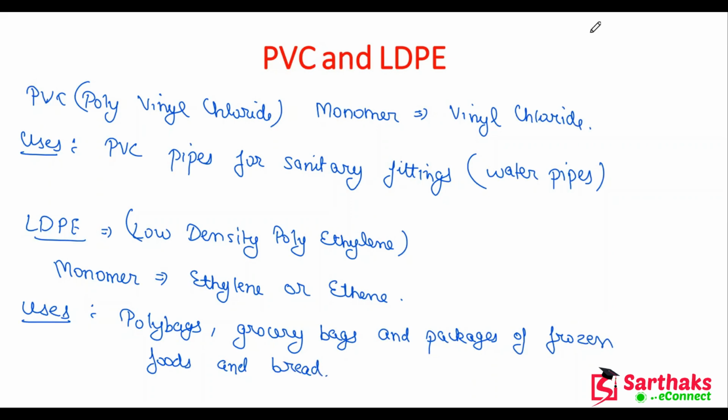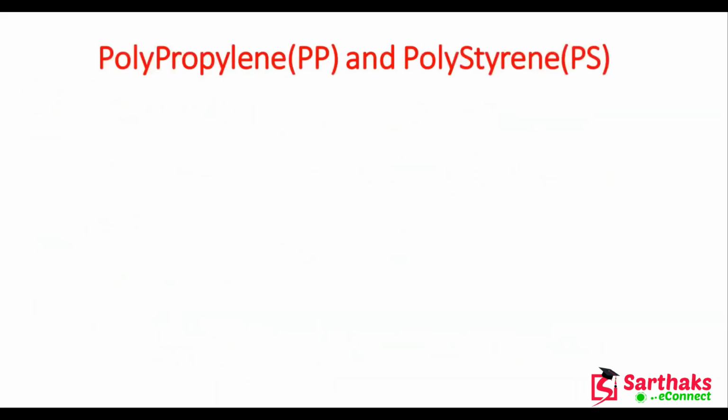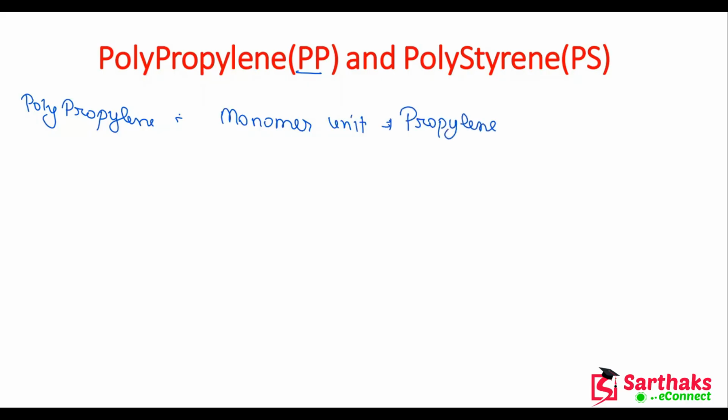Now the next topic that we are going to cover is polypropylene and polystyrene. These are quite important polymers, and polypropylene we also call PP. The monomer unit is propylene, and the uses are ketchup bottles, yogurt containers, medicine bottles, and automobile batteries, like the batteries used in our cars.